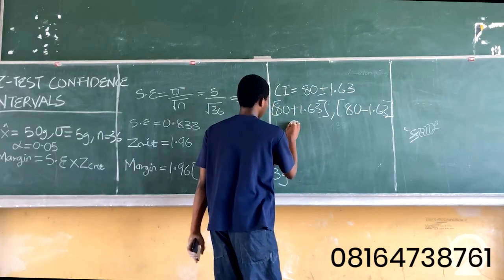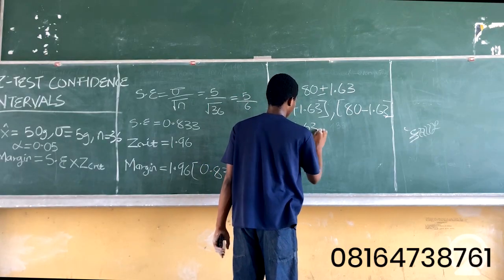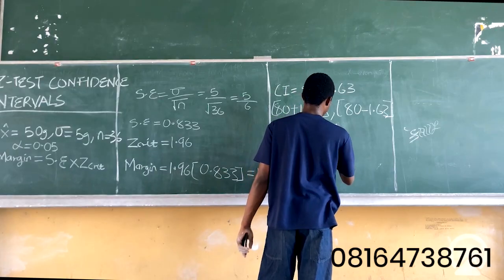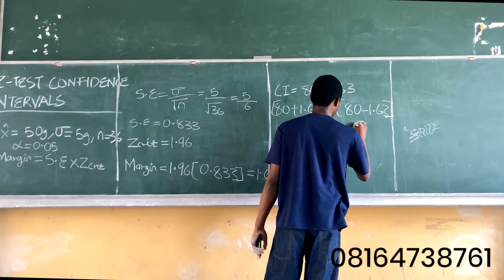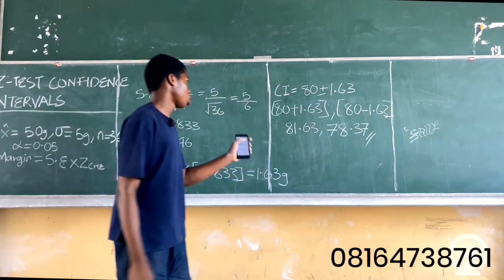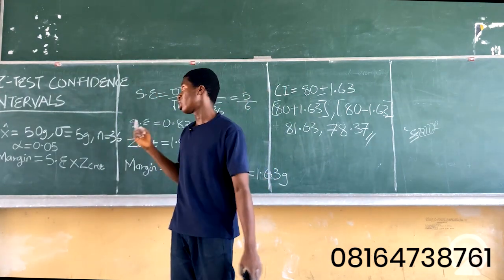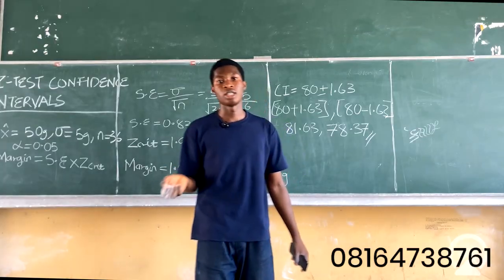So this is 81.63 and 78.37. These are the safe ranges for this confidence interval, and that is how you solve a Z-test confidence interval.